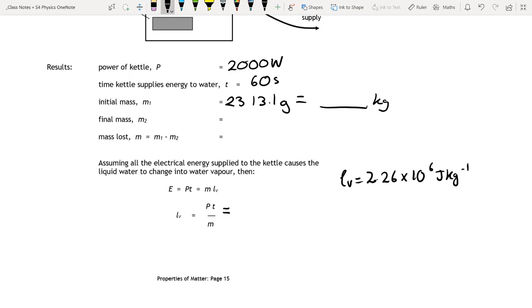Right, okay, so final mass, guys, is 2,274.3.